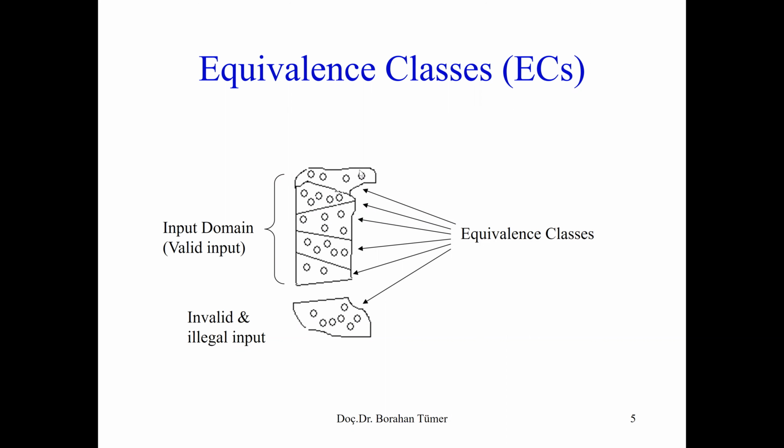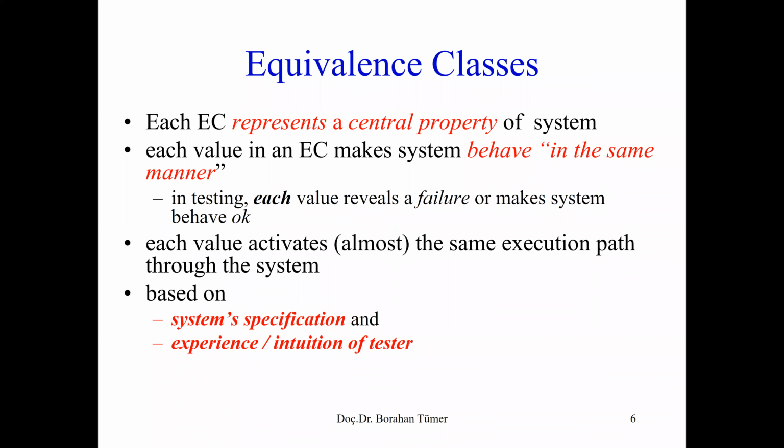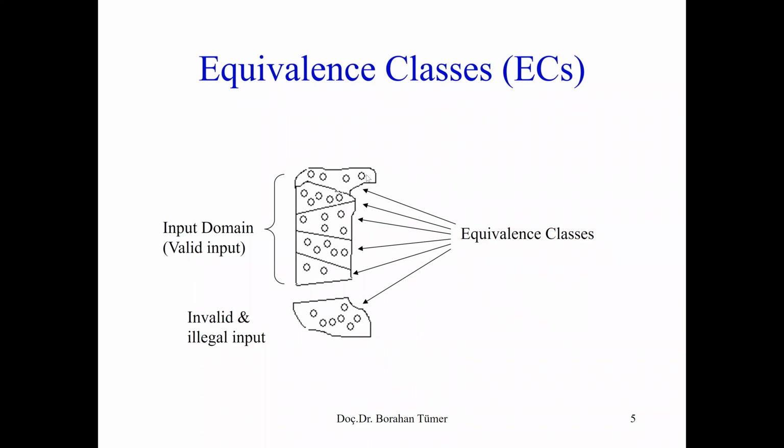Any of these inputs, whenever presented to the software product, make the software product behave in the same manner. So that's why these input instances, these input points, form an equivalence class. Do you understand this idea? Do you have any questions on that?